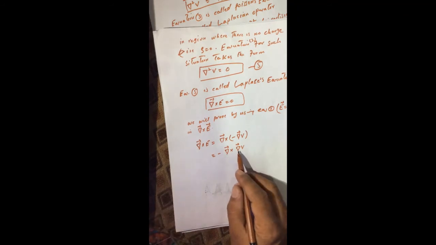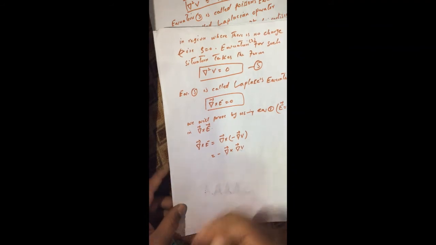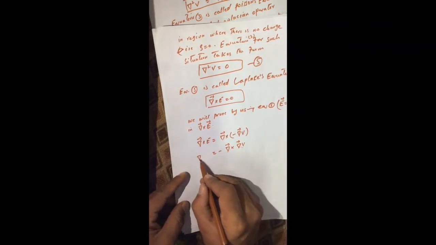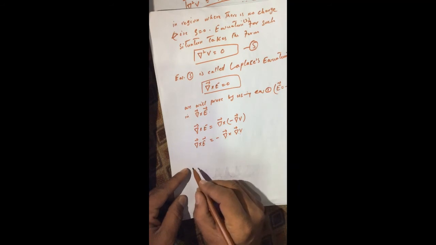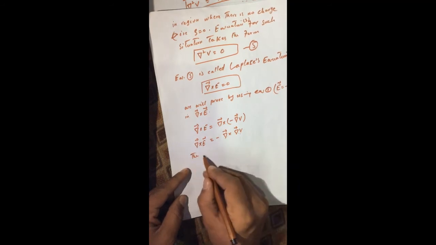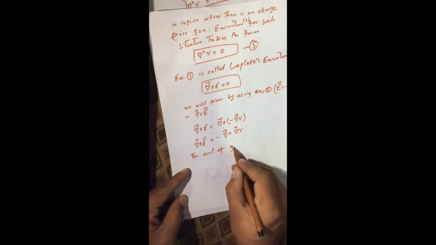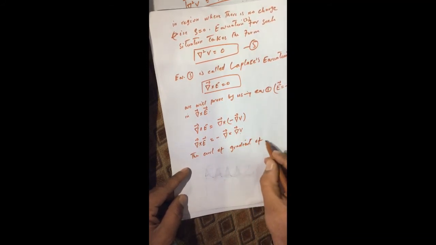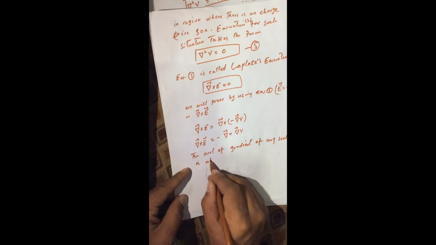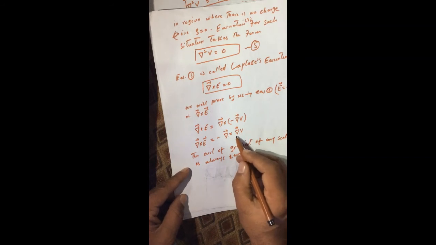This is the curl of the gradient of potential, and we already discussed this in the introductory part of the electrodynamics course, that the curl of the gradient of any scalar is always 0, and the scalar here is the potential.